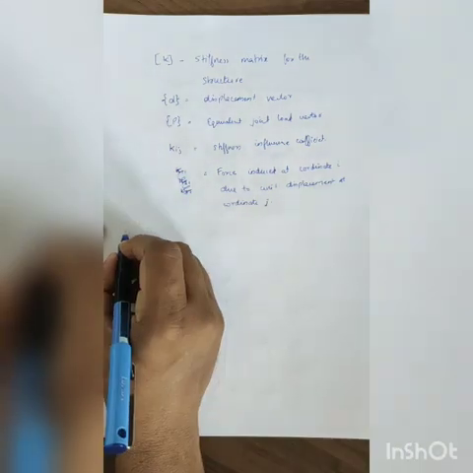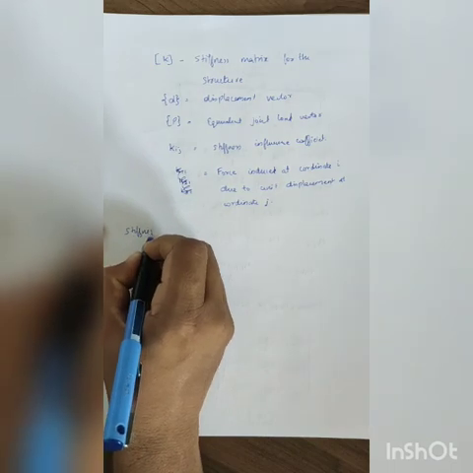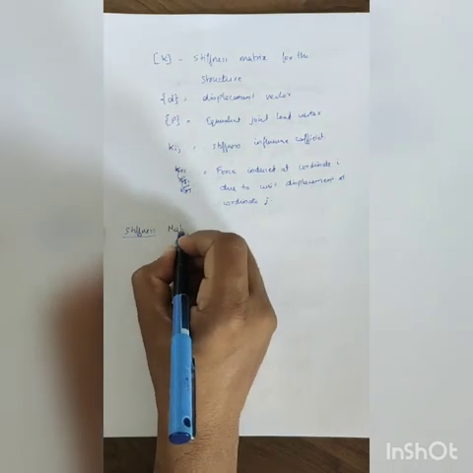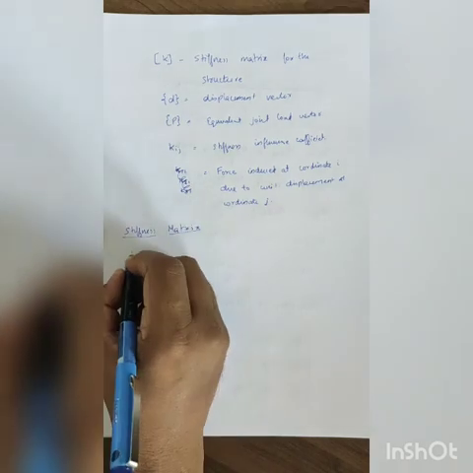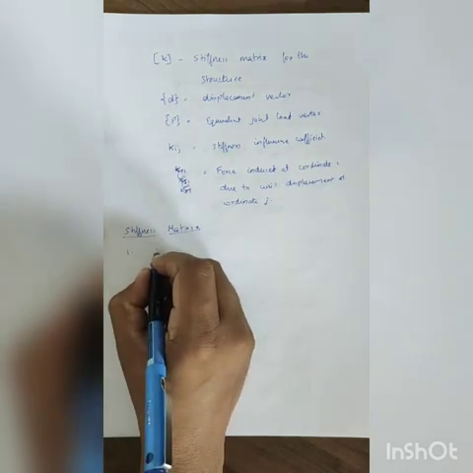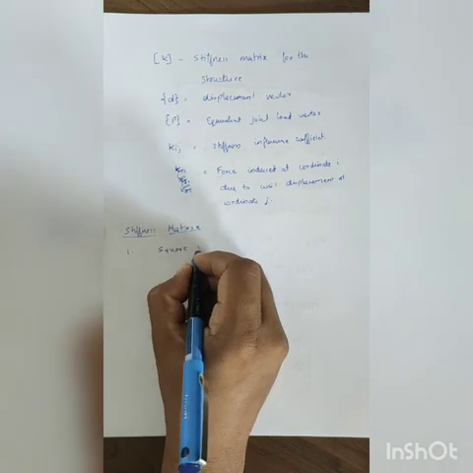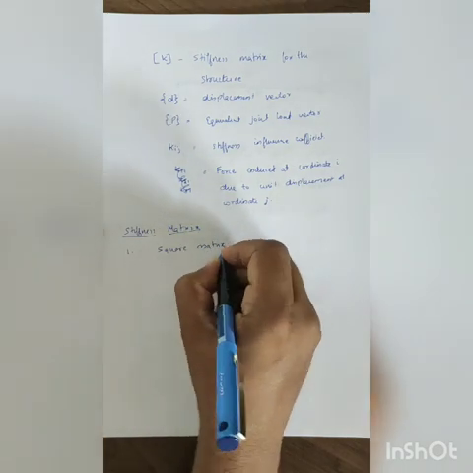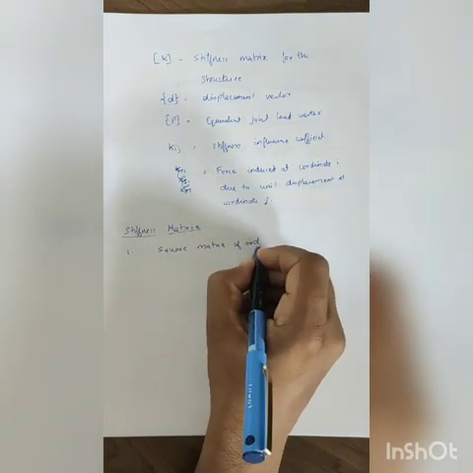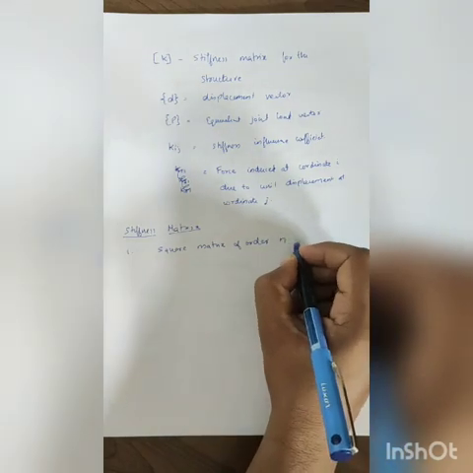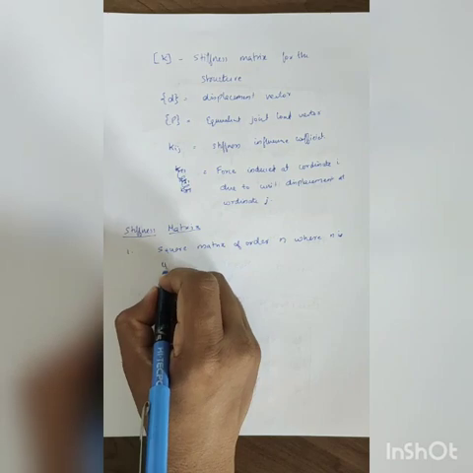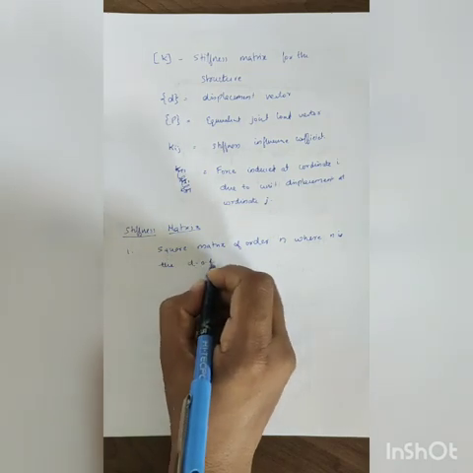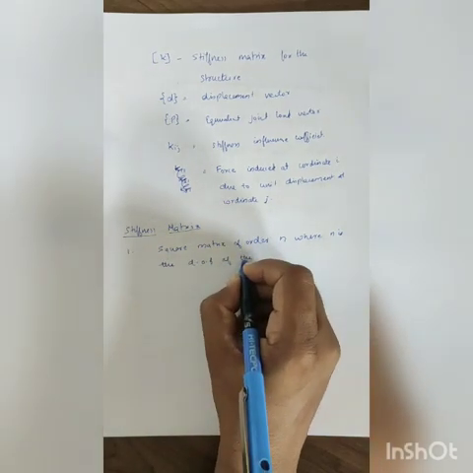So the properties of the stiffness matrix I am just listing out. It is very important. You may get this in your examination. The first point, it is a square matrix of order n, where n is the degrees of freedom of the structure.